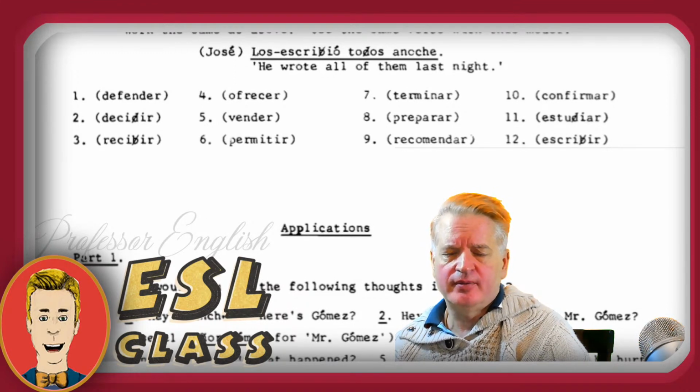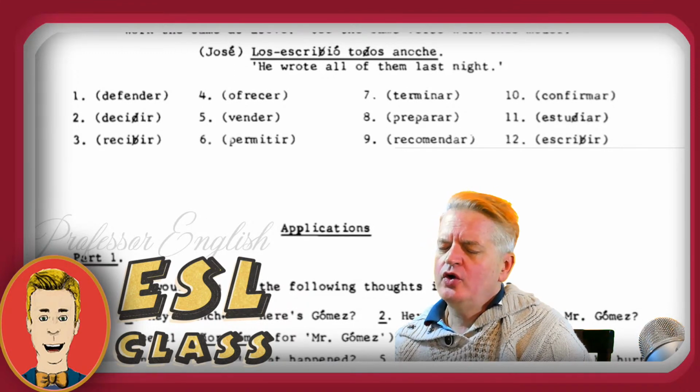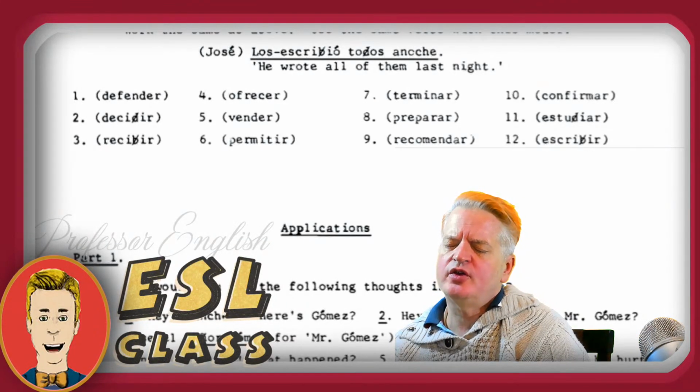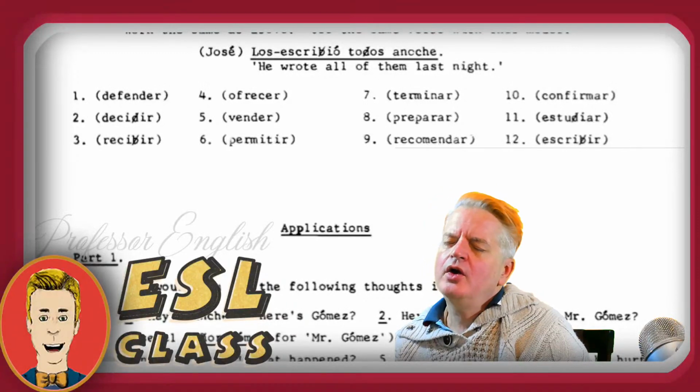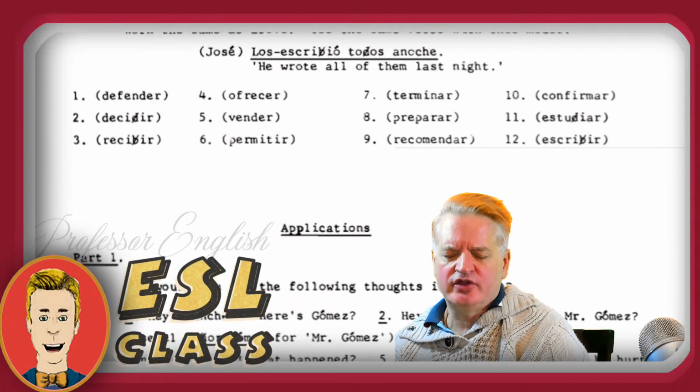Number 4. Ofrecer. Los ofreció todos anoche. Number 5. Vender. Los vendió todos anoche. Number 6. Permitir.